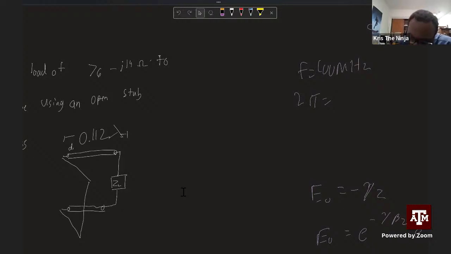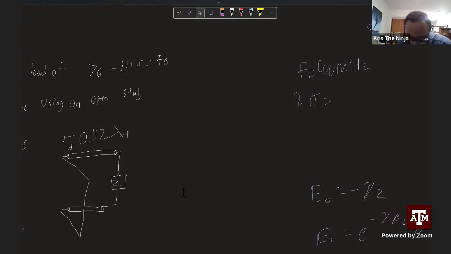So right now we have 1 plus 0.49J. So we need minus 0.49J.